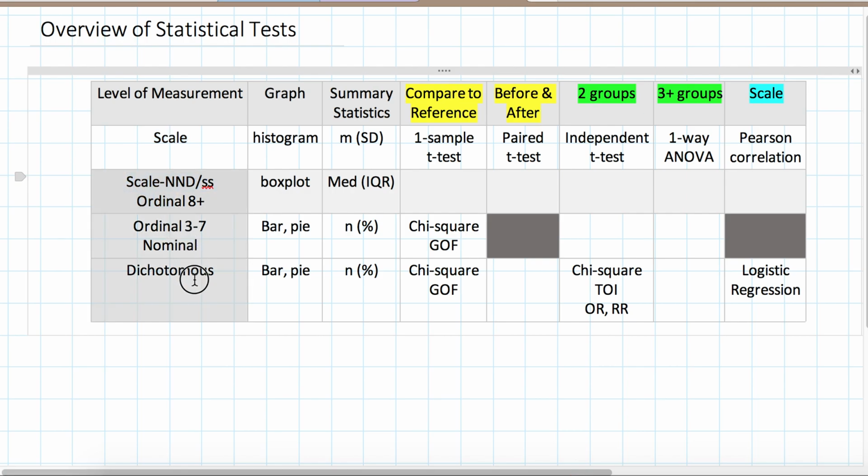Technically, everything below that line is non-parametric, but because we are kind of dumbing down the scale variable, it's not normally distributed, it doesn't meet the assumptions, it's a small sample size, then these non-parametric statistics come in handy. So you're going to hear that term, non-parametric statistics. I'm going to fill this in a little bit, and you're going to hear more about these particular statistical tests as you go through more of this mini lesson.